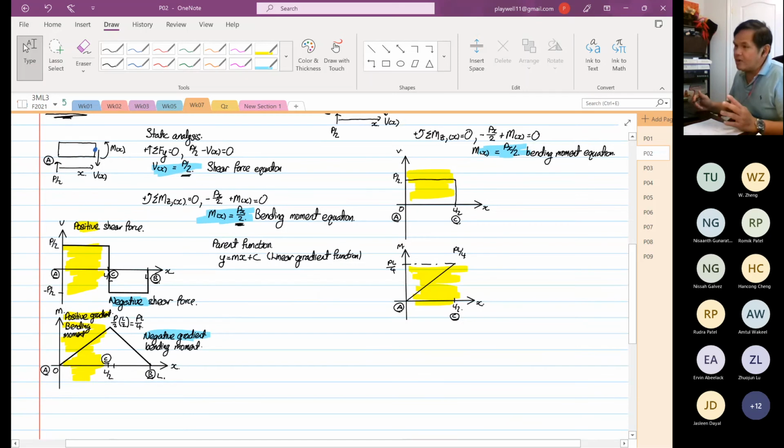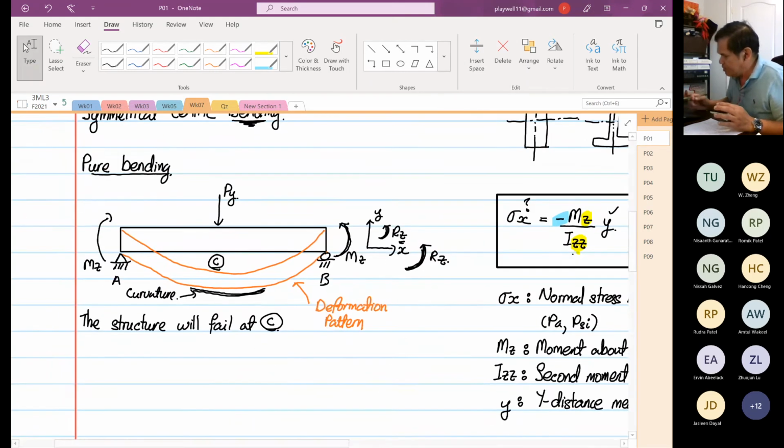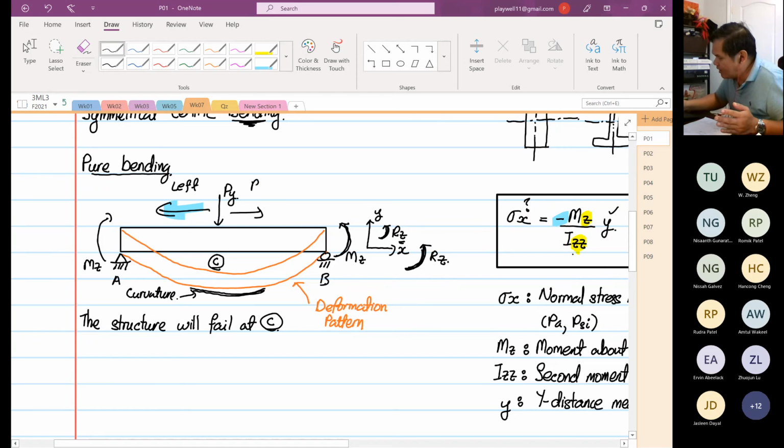So that is why a lot of times when you have a problem like this, you don't need to analyze point A, or, you know, failure will be at point C. You only need to analyze one side, either the left or the right.